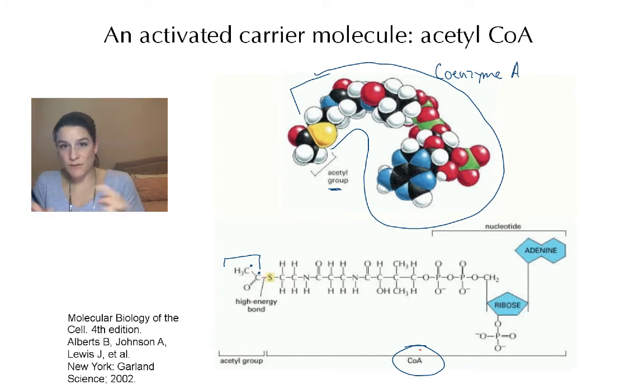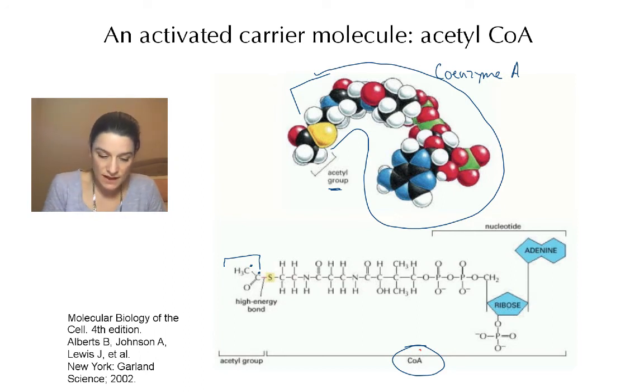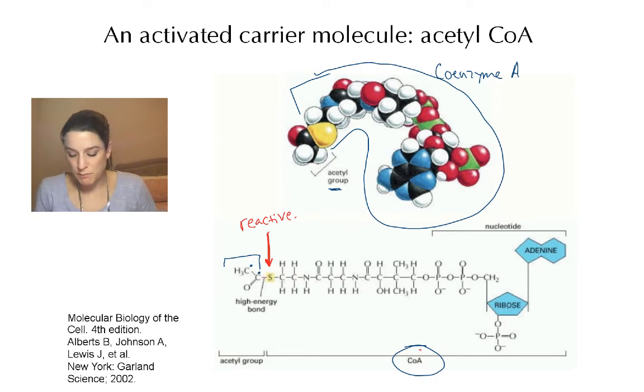In order to make that reaction happen, the bond needs to be unstable and reactive, and that's what happens with the addition of that CoA group. This is a reactive spot, so the reaction can bump off the CoA and add those carbons, and you get the carbons from the acetyl-CoA into the citric acid cycle. But you can see this pulls a lot of electron density off of those carbons, making it very reactive.